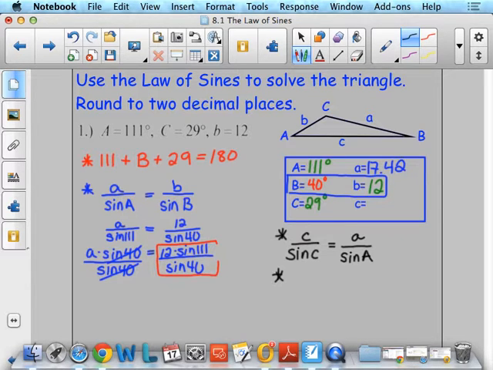Okay, so plug in what you know. Okay, cross multiply, you should get c is about 9.05. Make sure your calculator is in degrees for these.